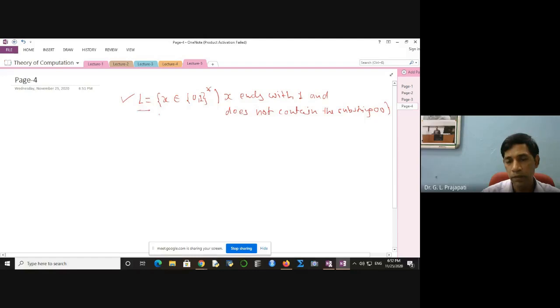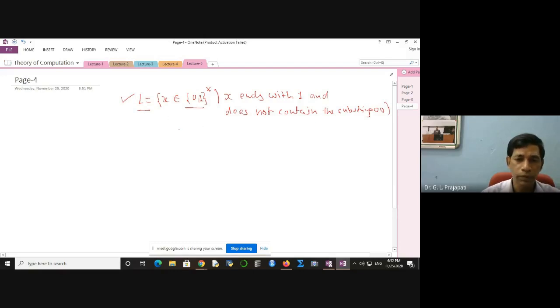This is the regular language, and somebody may ask you what is the regular expression for this language. So this language says this is the set of strings x taken from the 0 1 clean star such that x ends with 1, meaning every sentence of this language ends with 1, and it does not contain the substring 0 0.